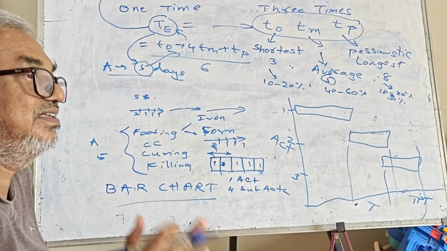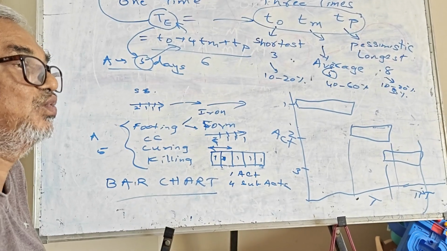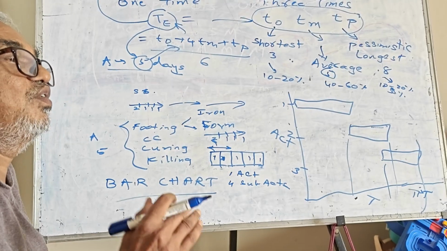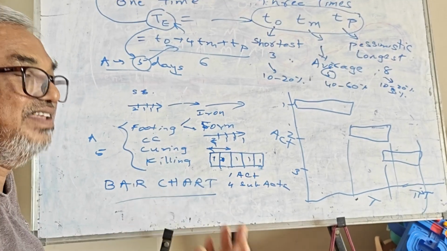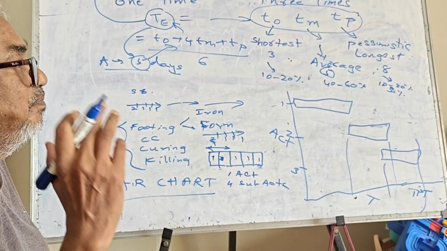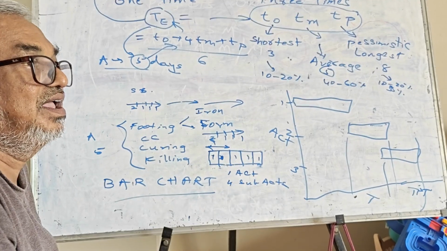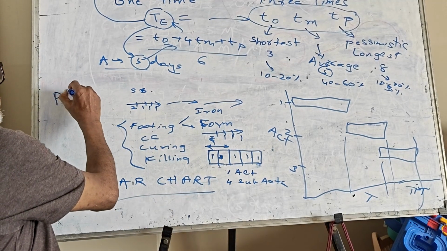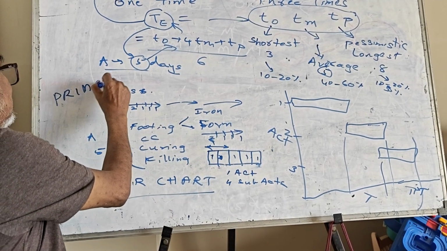So what I mean to say is a bar chart will become the easiest tool to follow by all the engineers, and that is the reason before we do any network tool or any CPM network, we need to make a bar chart of the project. The complete project has to be represented in a bar chart. This you will easily get in one of the projects, that is called Primavera software.